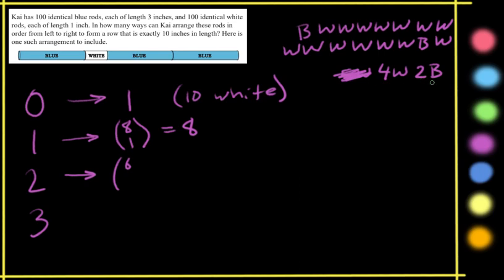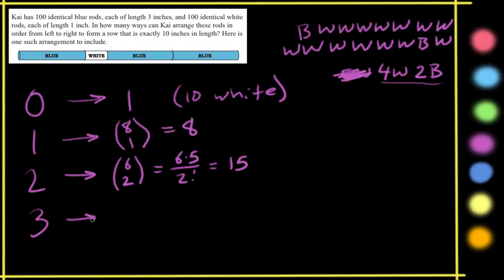That's a total of 6, right? The 4 whites will be 4 inches, and the 2 blues together will be 6 inches. That'll give us 10 total. So it's 6, and we need to choose 2 of them to be blue. So that's 6 choose 2, which is 6 times 5 divided by 2 factorial, which is 15.